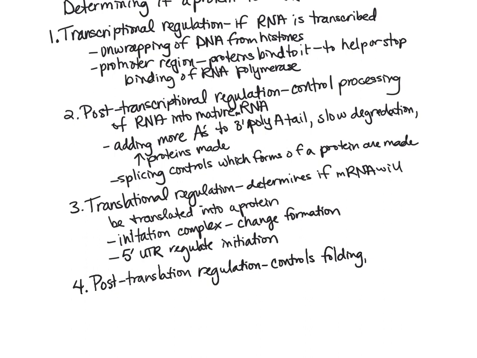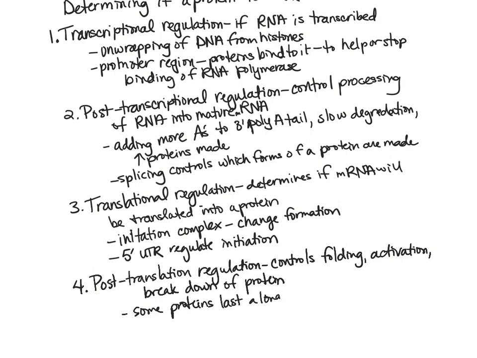Some proteins last a long, long time, so we have them hang around for a while, sometimes even something like 90 years. Other proteins degrade quickly. So think of some hormones, things that we want to have that message go, and then we want to degrade it. We don't want to keep sending that message.